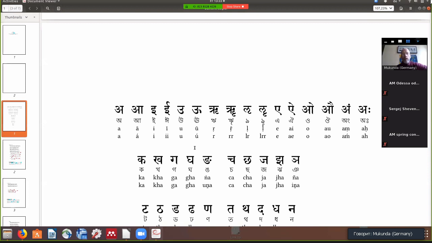Bapanam kevalam. Bapanam kevalam baba. Bapanam kevalam. Bapanam. Bapanam kevalam.